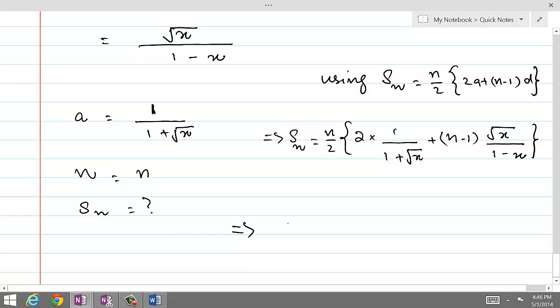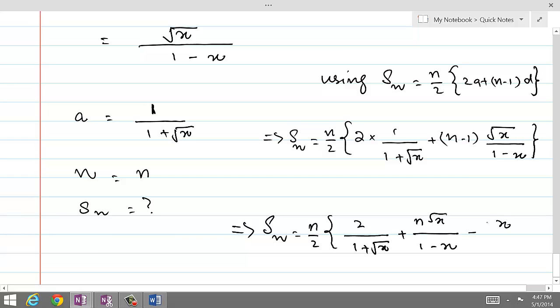This Sn is going to be equal to n by 2 into 2 over 1 plus under root x plus n into under root x over 1 minus x minus under root x over 1 minus x.